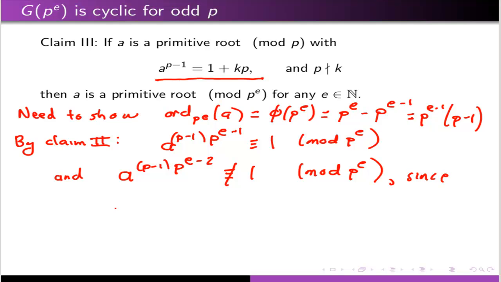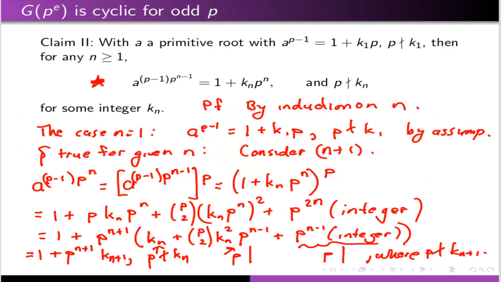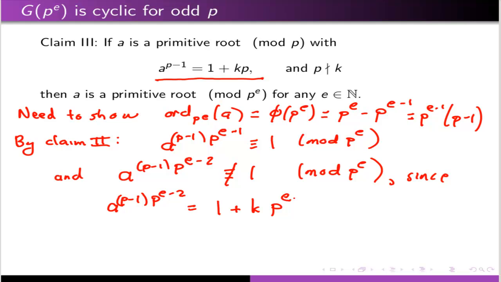Since a to the p minus 1 raised to the p to the e minus 2 is an integer of the form 1 plus k times p to the e minus 1, for some integer k, by claim 2 here, with p not dividing k.